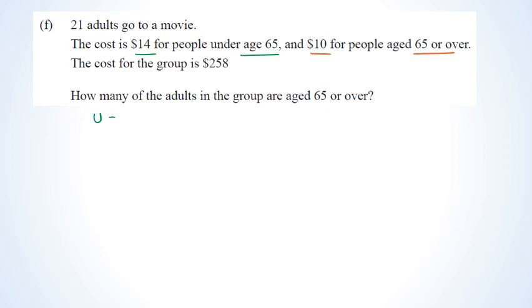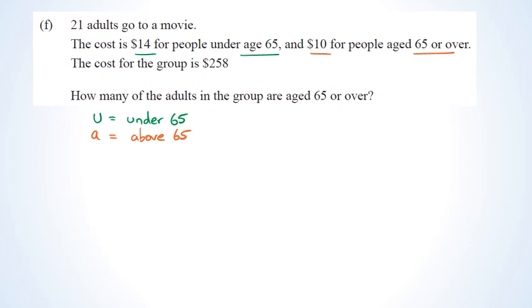Under 65, I'm going to use the letter U, and for over 65, I don't really want to use O because of the problem of writing O's and zeros, so I'm going to use A, which is going to be above 65. Remember that these are the number of people under 65 and the number of people above 65.